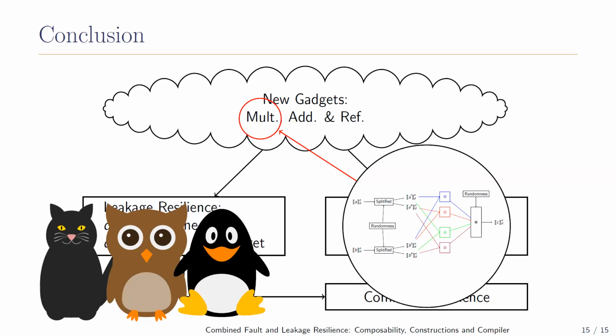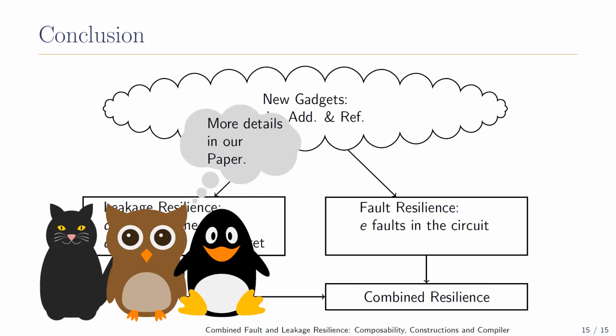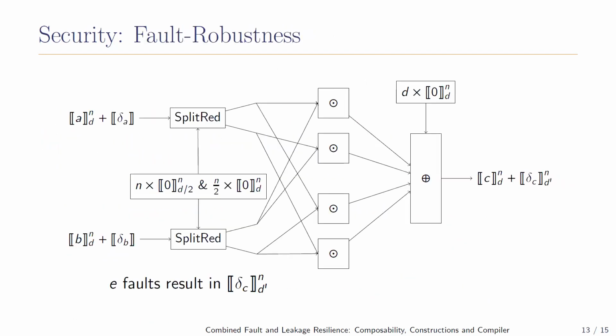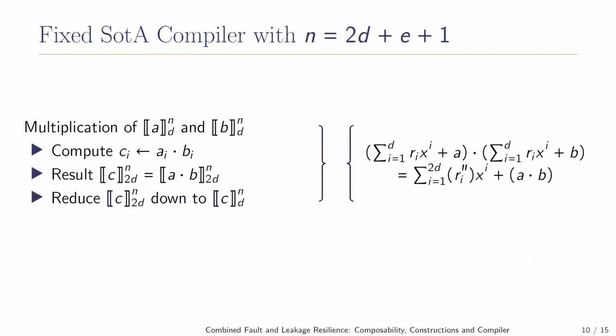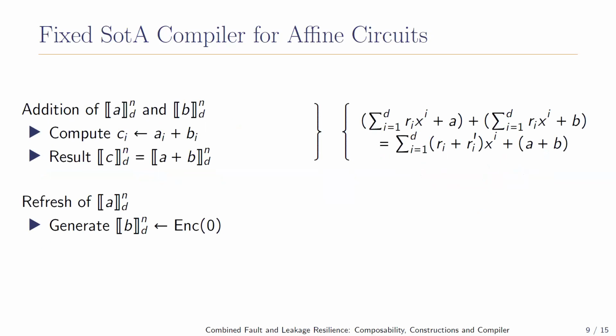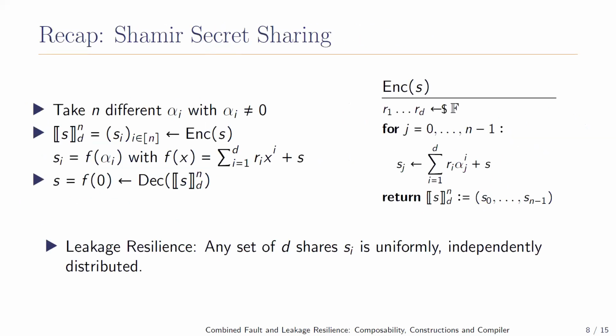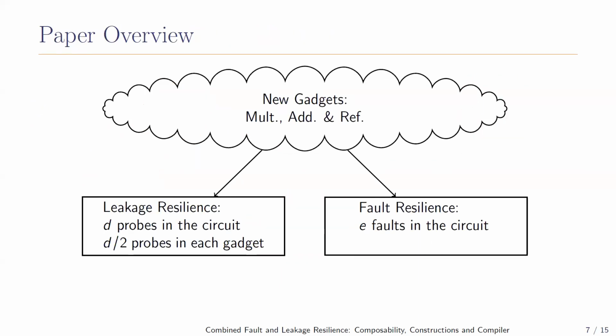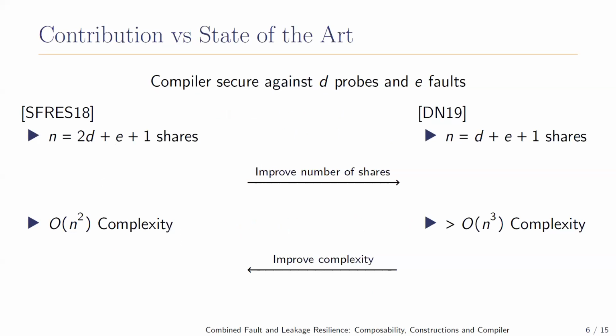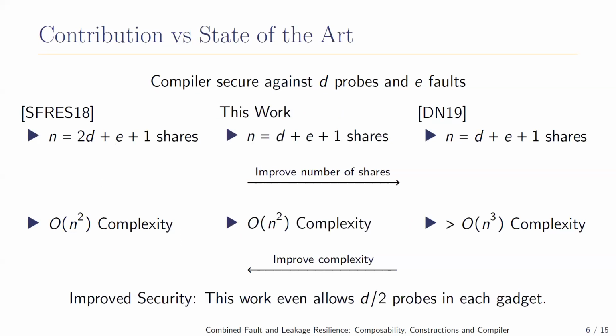Here, the last step where we said we allow D half probes in each gadget, because then we also have this fact that the leakage increases with the circuit size.